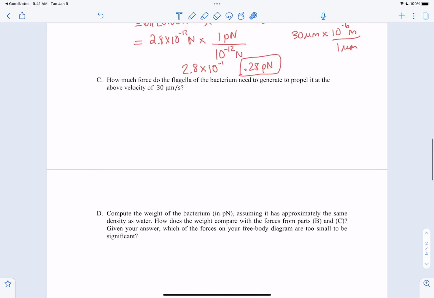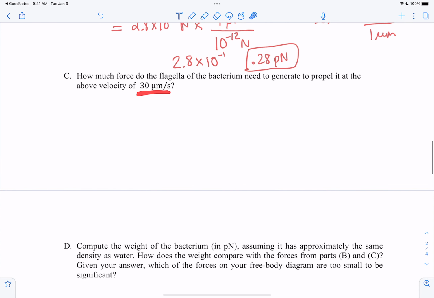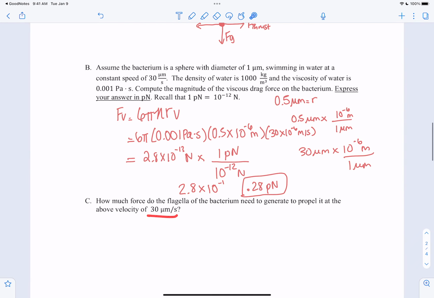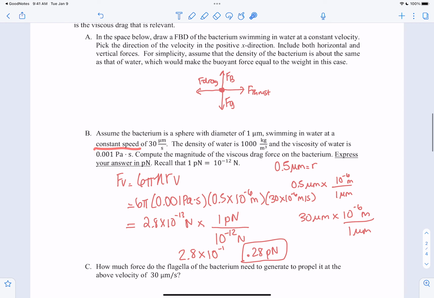And so with that being said, this 30 micrometers per second is that constant velocity, that constant speed from part B. As we determined here, where we switched back and forth in terms of setting things equal to each other, that constant velocity of 30 micrometers per second is your terminal velocity. And that happens when your F drag is equal to your F thrust.